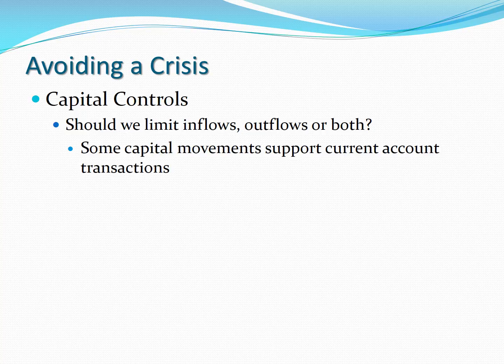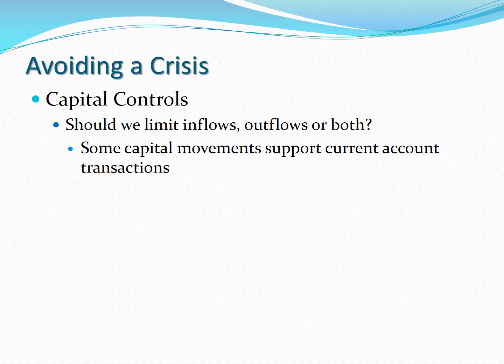So what we're not talking about here are the type of capital flows which support exports or imports. If you're a large company, you may lend to a customer, which allows them to purchase the items now. So you essentially allow them to pay you later. That's a capital flow. You are issuing debt to that customer, and they'll pay you later, sometimes with interest, maybe not. That's not what we're interested in here.